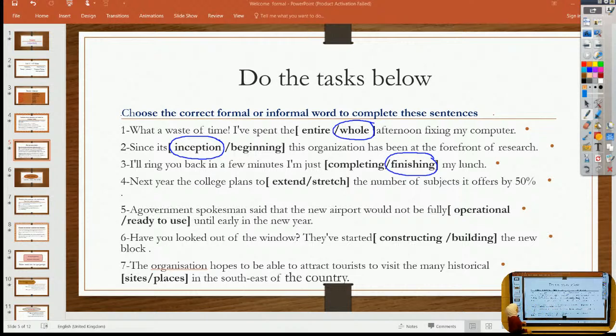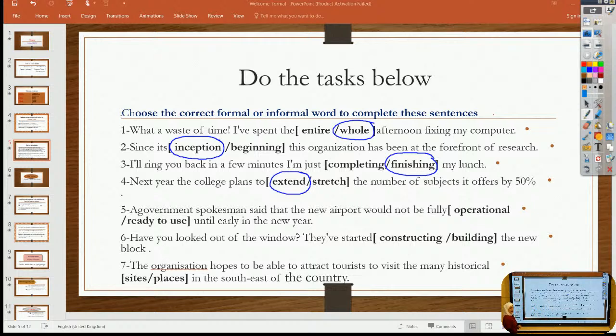Next year, the college plans to stretch the number of subjects it offers by 50%. Here we're talking about something formal. We have college. So next year the college plans to extend the number of subjects it offers by 50%.